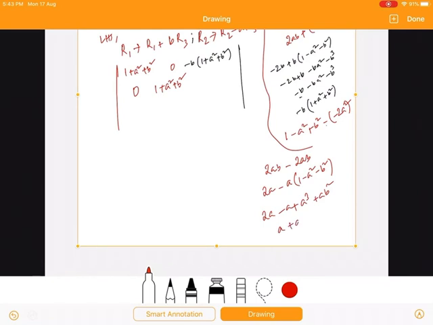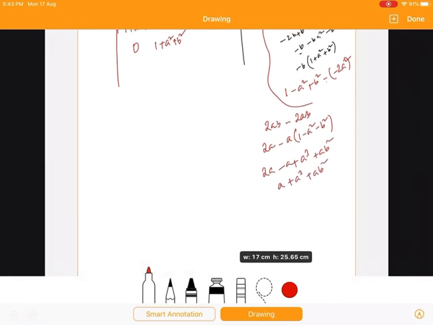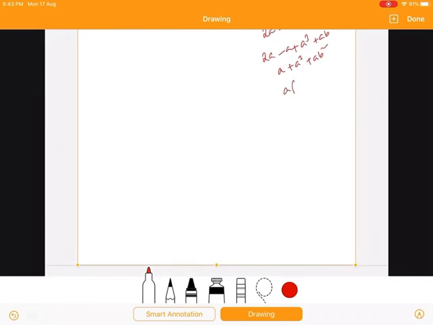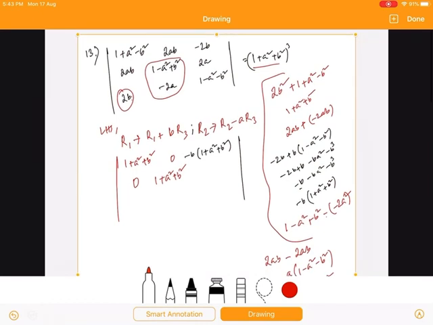So 2a minus a is a, plus a cube plus ab square, right? Now we will take a common, so we get a times 1 plus a square plus b square.